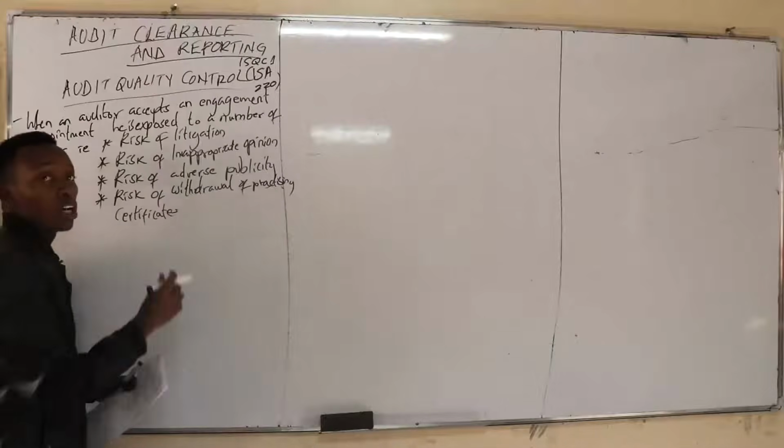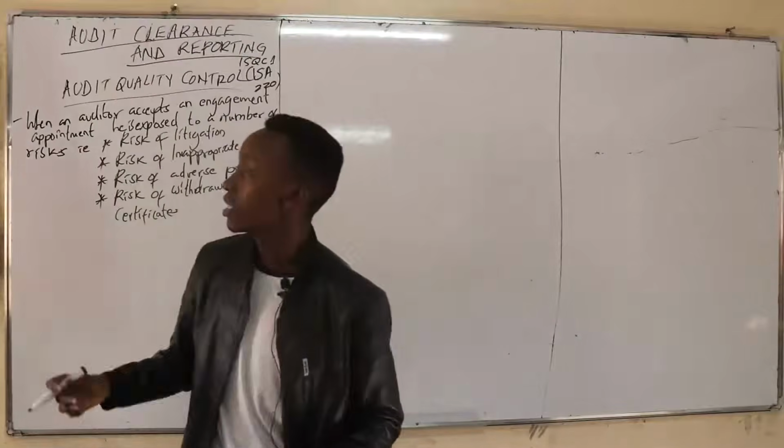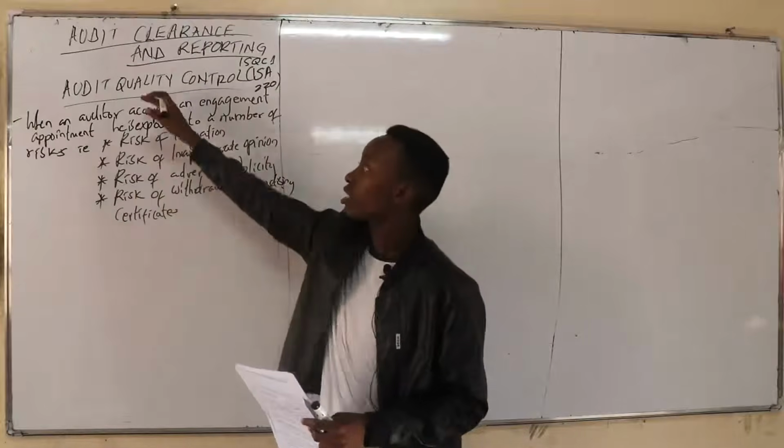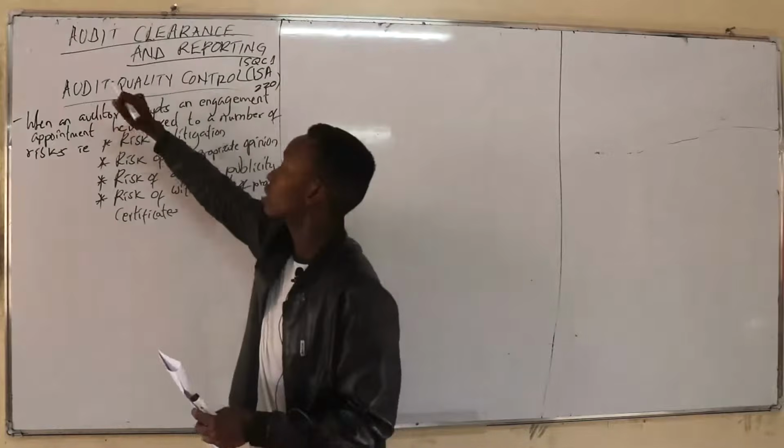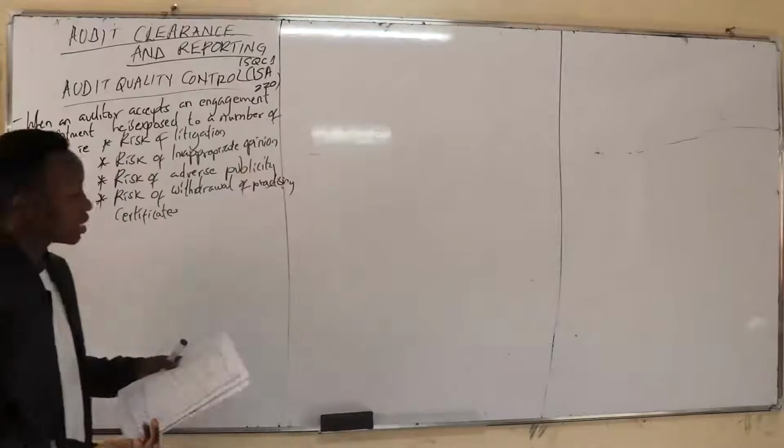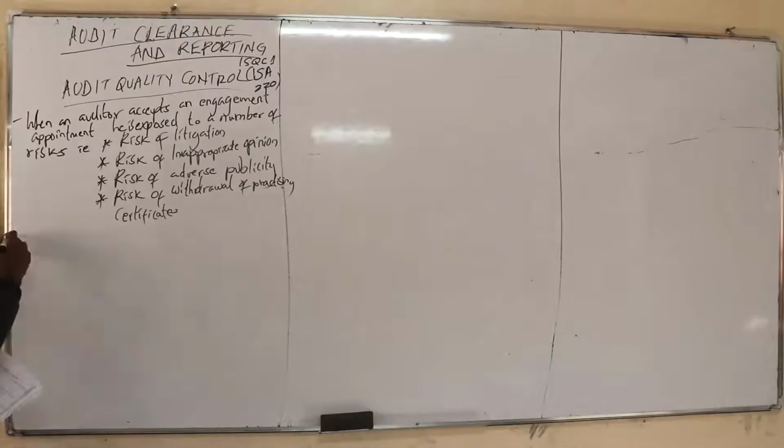So to reduce the exposure of such risks, it is prudent that the auditor adopts this audit quality control. And what are some of the instances that this auditor does this?